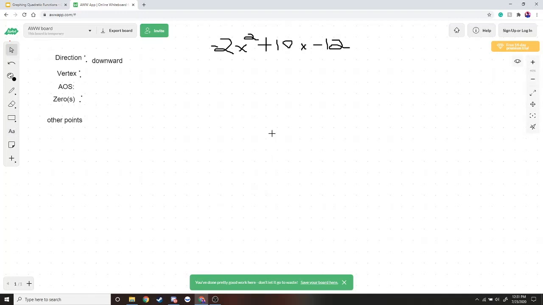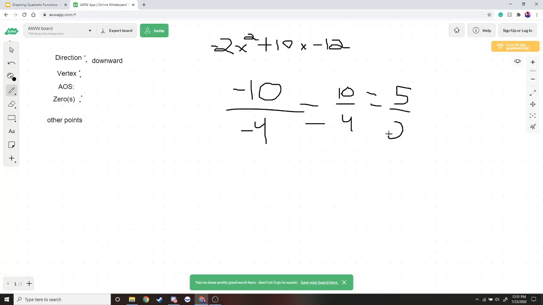Now what we need to do is find the vertex and the axis of symmetry using -b over 2a. So here we can see that -b would be -10 because b is 10. So -10 over 2a. So 2a, -2 times 2 is -4. This leaves us with 10 over 4, which simplifies to 5 over 2.